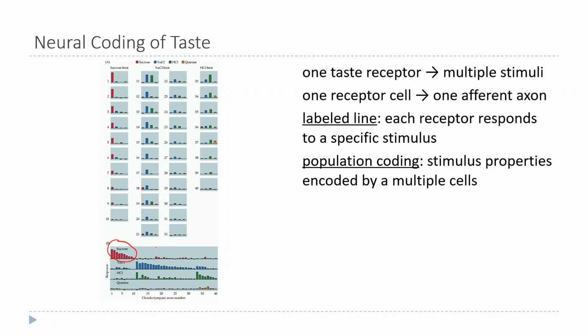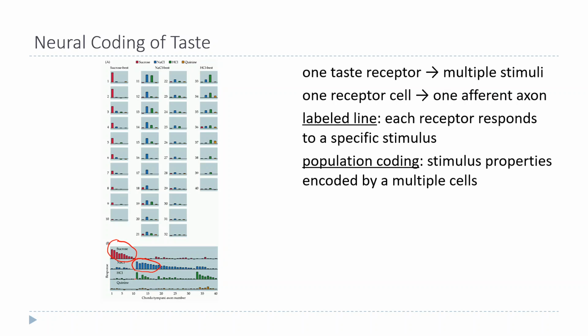But when you look at sodium chloride and hydrochloric acid, again, some cells that respond to sodium chloride also respond to HCl, whereas some only respond to HCl and not sodium chloride. There don't seem to be very many cells that respond specifically to HCl and not sodium chloride. Maybe this group down here. So if the stimulus is sodium chloride, as salt, then these cells all firing would tell the brain that the stimulus is salt, and the sensation of saltiness would be perceived.